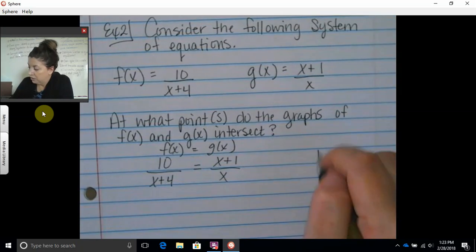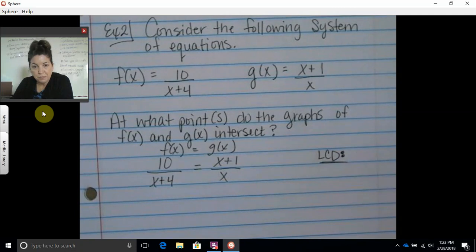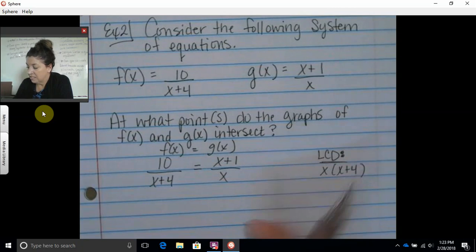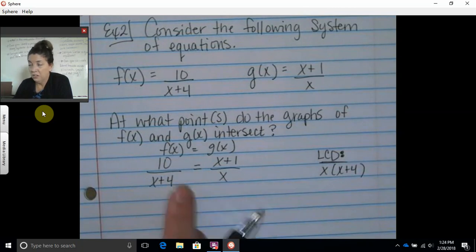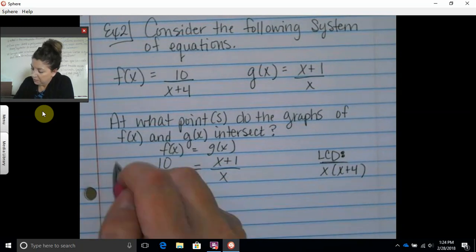So I can go ahead and determine what the least common denominator is, which is what? X and x plus 4. Good. This x does not count. This x won't take into account that x. This binomial is all or nothing. Okay? I can't say, oh, well, there's already an x there. It doesn't count if it's a binomial. Monomial's different. So I'm going to multiply each term by the least common denominator.